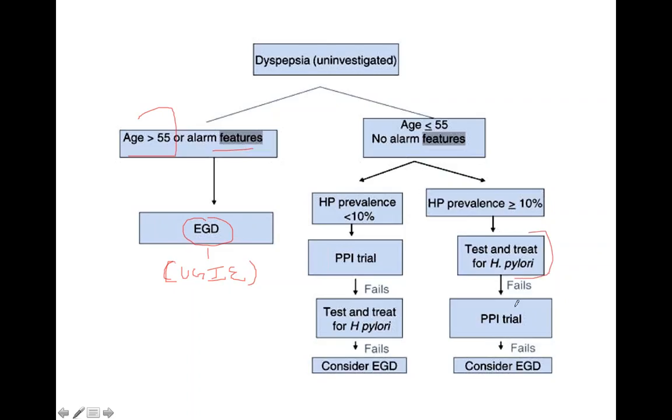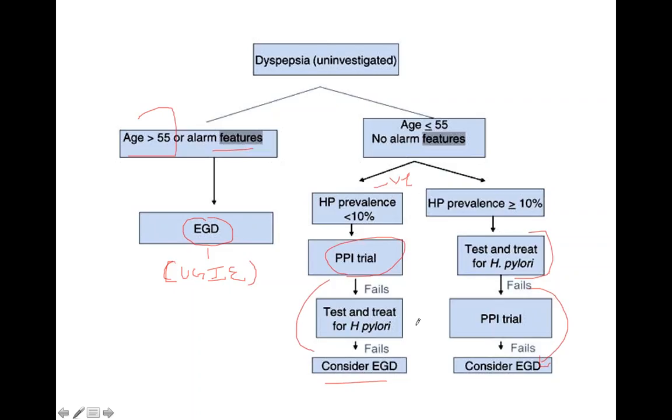If it fails, then straight away we go for esophagogastroduodenoscopy. And if H. pylori testing is negative, suppose, we give the patient a PPI trial. If it fails, esophagogastroduodenoscopy. Okay, clear?